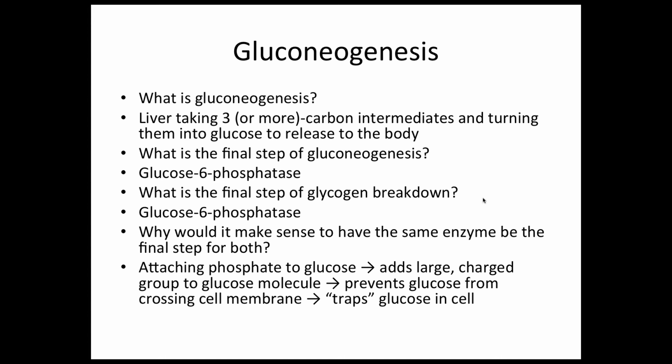Both of those properties make it impossible for that glucose to leave the cell. So glucose comes in, you put a phosphate on it, you trap it in the cell. Glycogen breakdown and gluconeogenesis both have the opposite goal. You're trying to release it into the bloodstream by having it cross back through the GLUT transporters so that the rest of the body can use it. So it makes sense that the final step would be to take off that phosphate group so that it is no longer trapped in the cell.